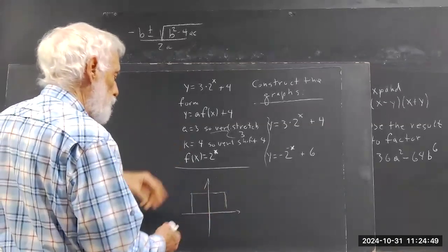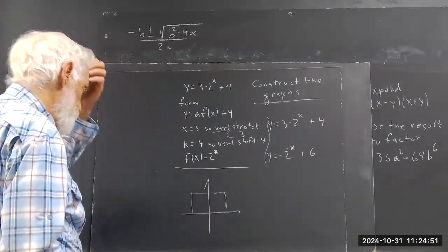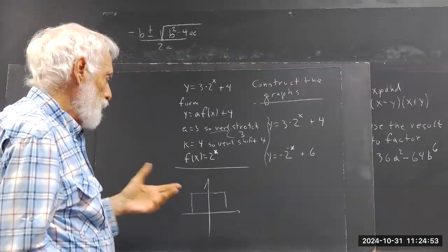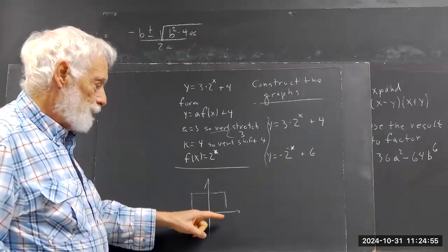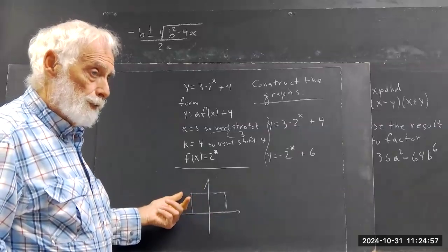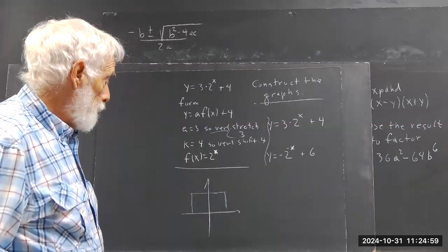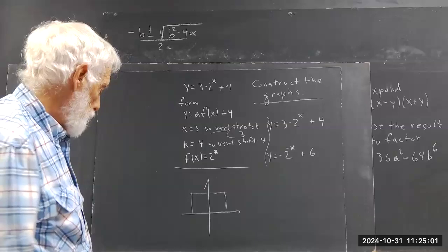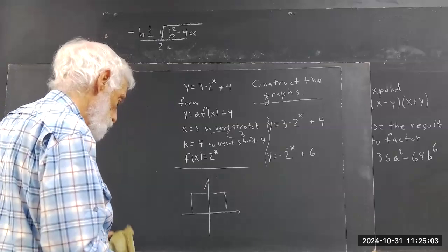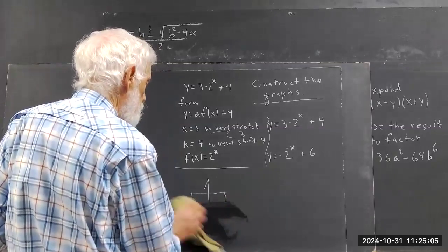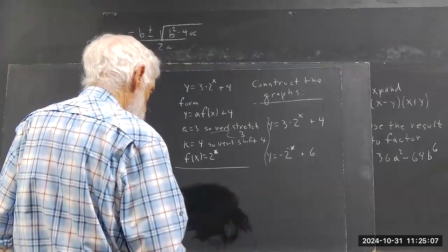Now this looks wider than it is high. We're not confined to using the same scale for the x-axis as for the y-axis. Actually, I should have drawn that a little lower. Let's do that again.